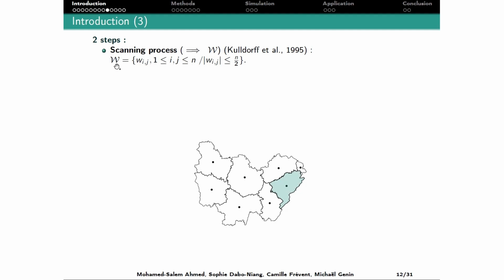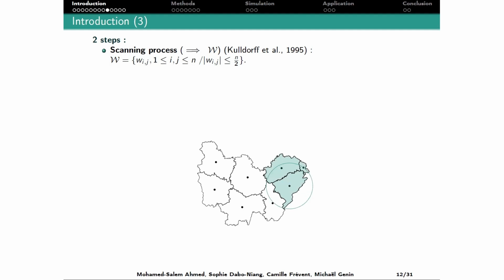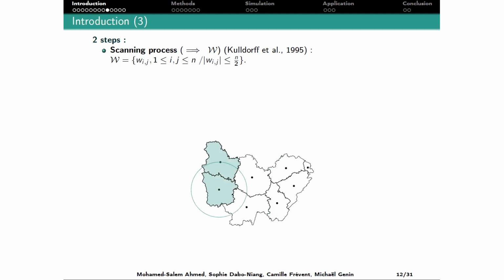So capital W is what we call potential clusters. And then we look in these potential clusters for the locations where the value is higher, using a statistical test. Let's say that in the first place, I detect this. The scan process detects this, and then I'm scanning all the region. In the second step, I detect another cluster, etc., since I scan all the region, and then I look at all the potential clusters.